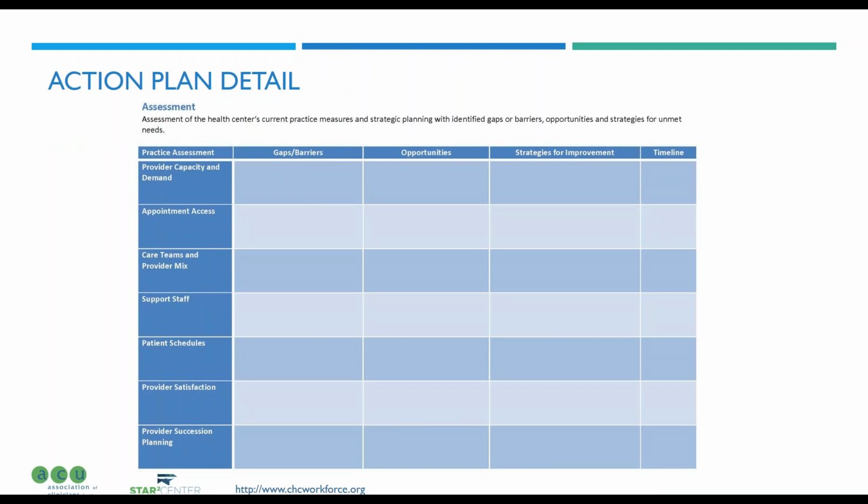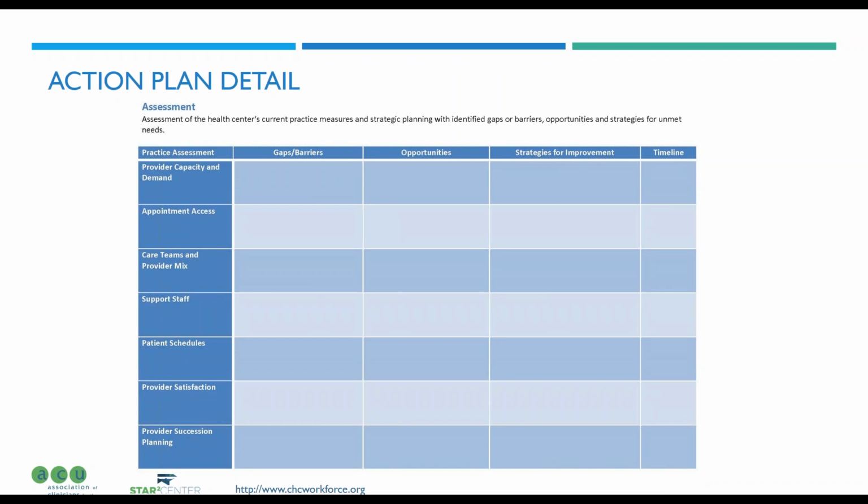This is what the action plan looks like. This is the assessment page. It's very brief, simple. Again, it's in Word, so you can just easily put things in here. So the topics are on the left side, and then it's identifying the gaps and barriers. Go back to the social media, maybe, and that's probably an example for this one since we're on the assessment.